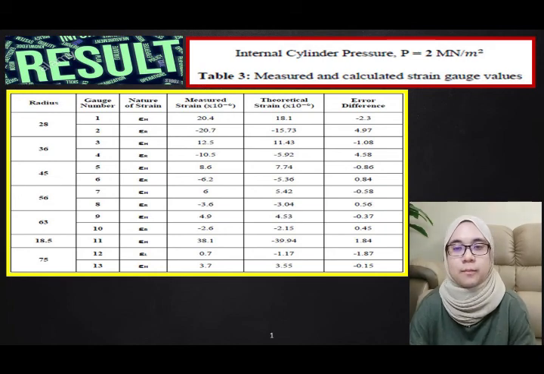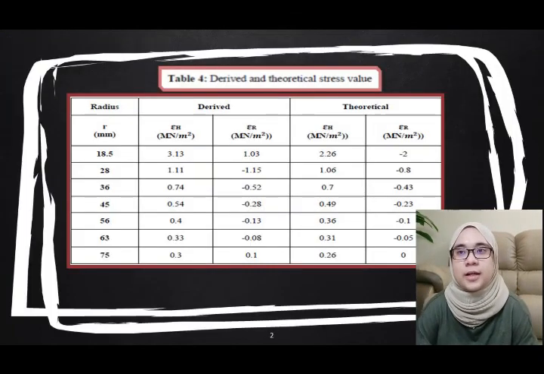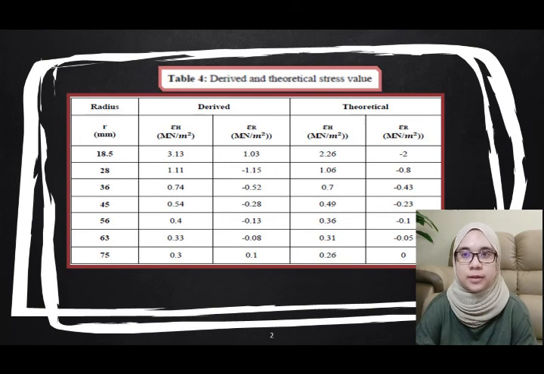Next, as shown in the table. Table 4 is the derived and theoretical stress values. We use the same radii as in table 3, and we calculate the derived and theoretical hoop stress and also radial stress. Starting with the radius of 18.5 millimeter, the derived hoop stress is 3.1313 mega Newton per meter squared, while the radial stress is 1.03 mega Newton per meter squared.